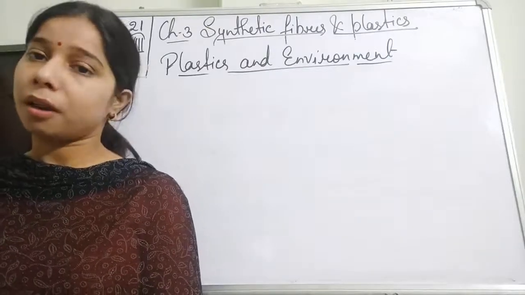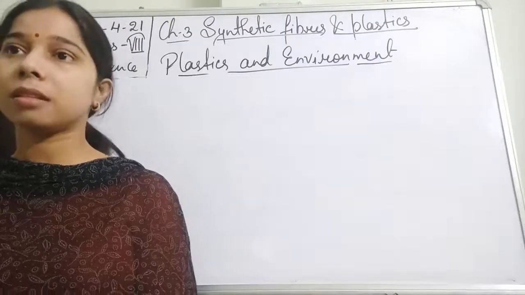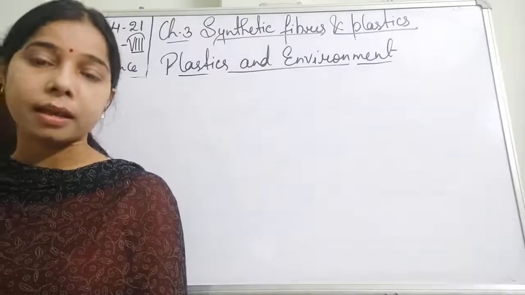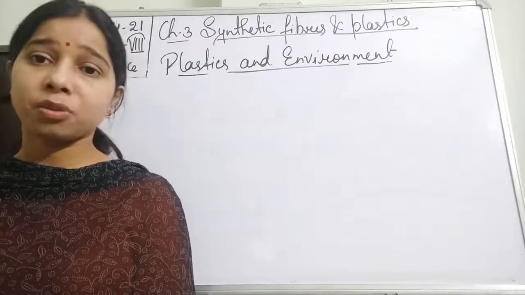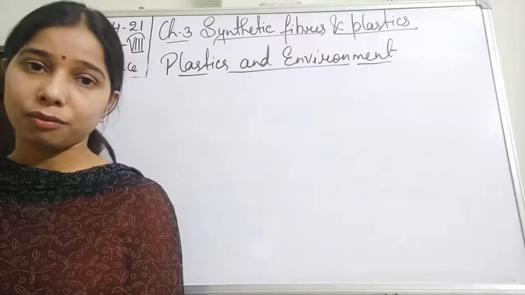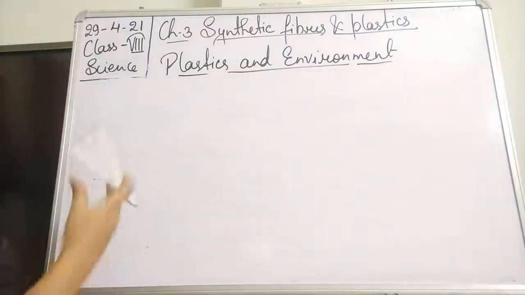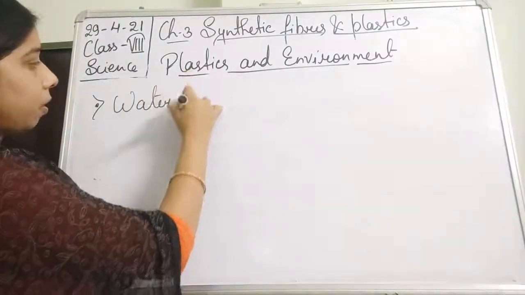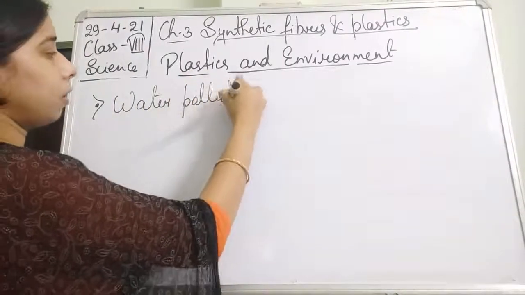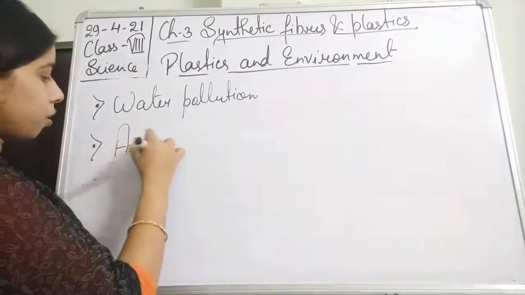Your answer will be that plastic is a boon or a curse. At first we can say it's a kind of boon because it has a lot of uses. Curse, students, because plastic has a very bad impact on the environment. What kind of bad impact? The first one, students, is that it causes water pollution. Then it causes air pollution.